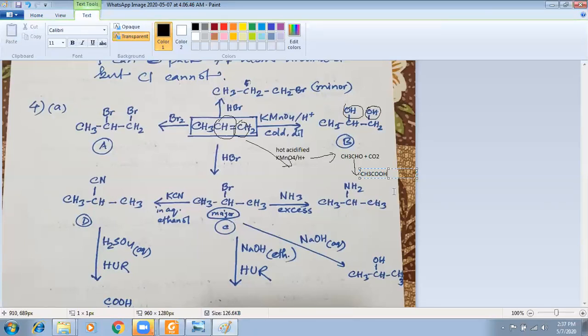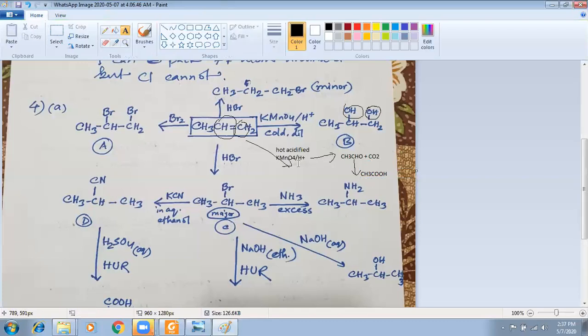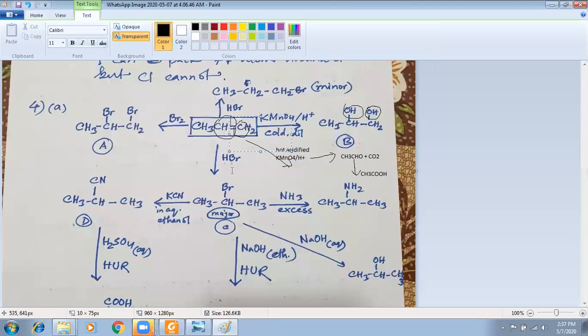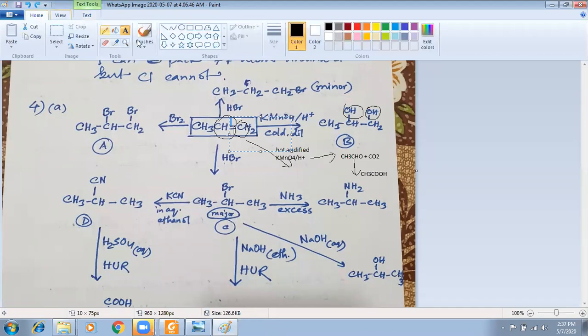Understood? Okay, so this is oxidation, this is also oxidation. When you are using cold dilute acidified potassium permanganate, you are getting a diol. On the other hand, when you are using hot acidified concentrated potassium permanganate, this double bond breaks down completely.